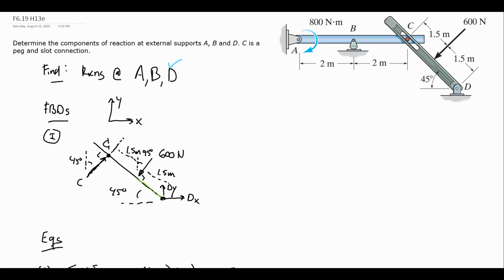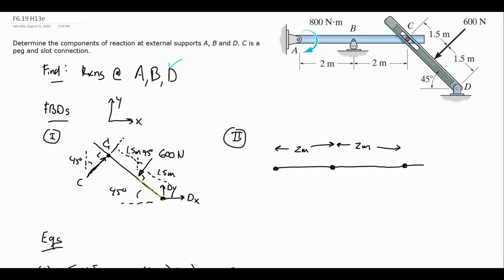For my second free body diagram, now I can draw ABC. I have A, B, and then point C here, 2 meters, 2 meters. I'll start with the external loads, forces and couples, of which I have one.